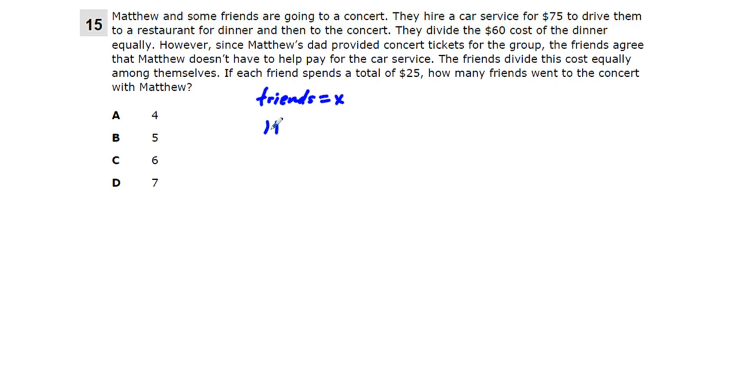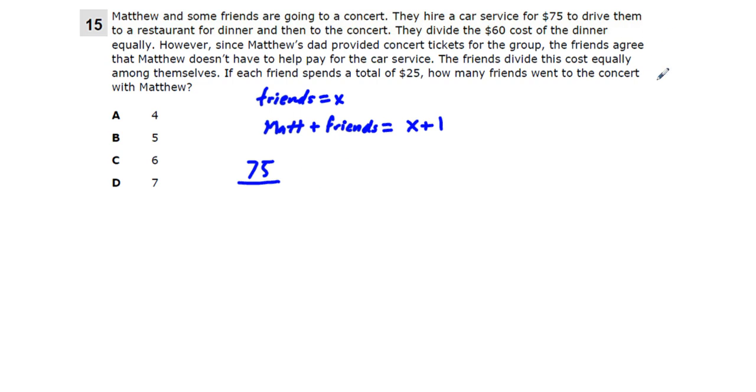And Matt plus friends is equal to X plus 1. And so how many friends go to the concert? Well, we know that the car service, $75, is going to be divided by how many pieces?